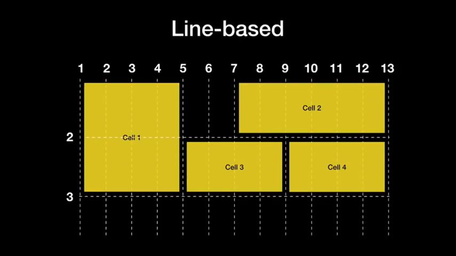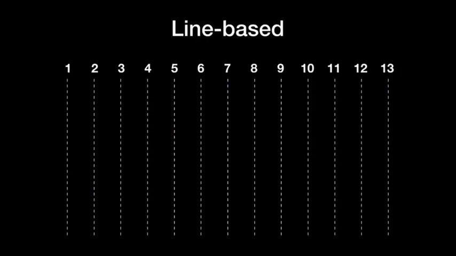You can see from the image that I want that to go from line number 7 to line number 13. And by the way, obviously, this is a 12-column grid, but that means you have 13 lines, so we're not talking about the tracks themselves, we're talking about the lines in between.